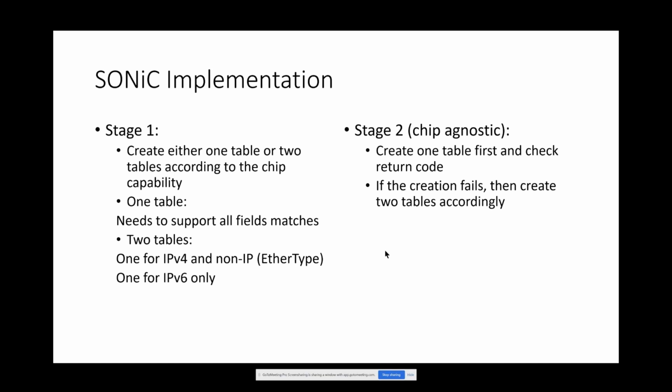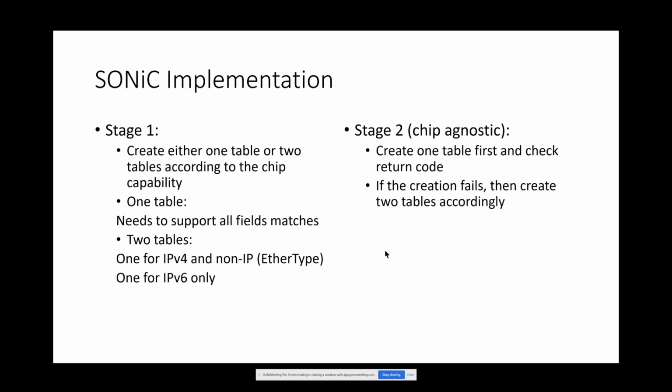It requires the feedback loop, so that might not happen very soon. So for the current enhancement, we're going to work with stage 1. We're going to have some hard-coded things in SONiC so that, based on different chips, we can create either one table or two tables, so that we can fully support everything.